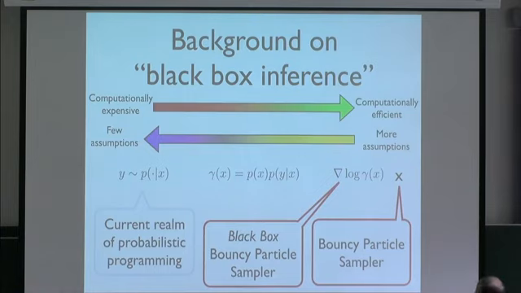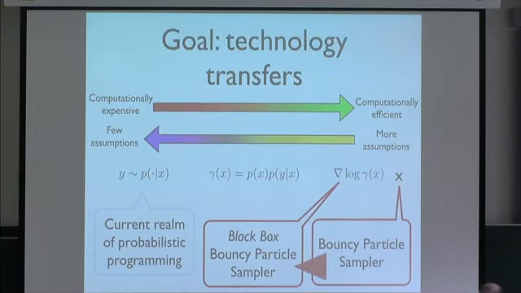So what we're interested in is whether there would be an analog of the Bouncy Particle Sampler that could accommodate only the more restrictive assumption of pointwise evaluation of the gradient. But there are already methods doing this, so what we really care about is whether we can do some sort of technology transfer: some of the ideas from the Bouncy Particle Sampler, can we import them in cases where we have less structure?